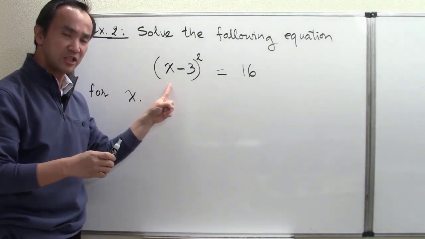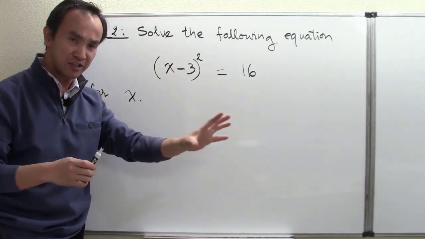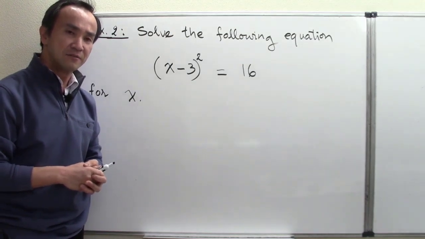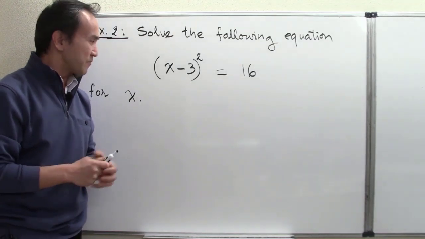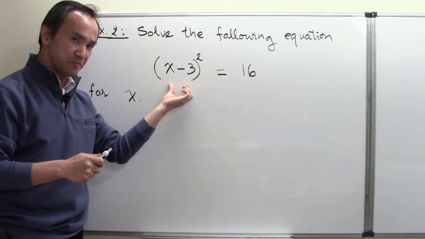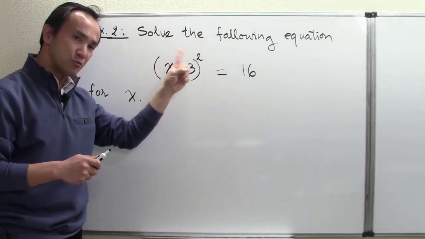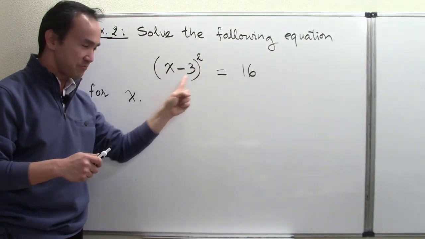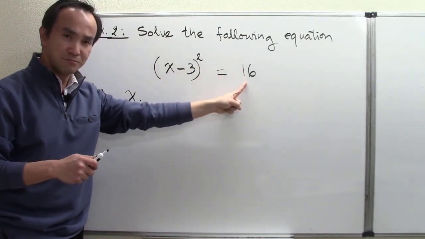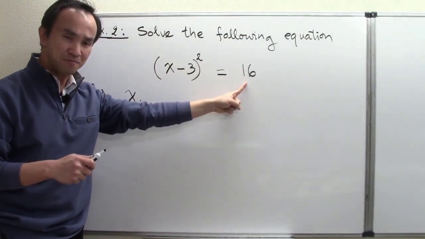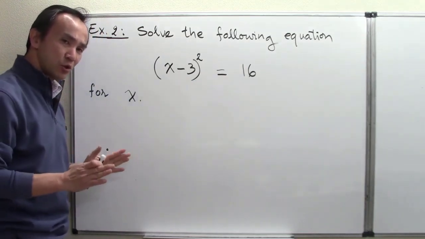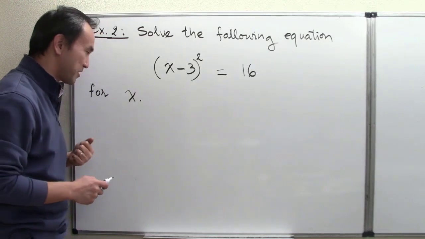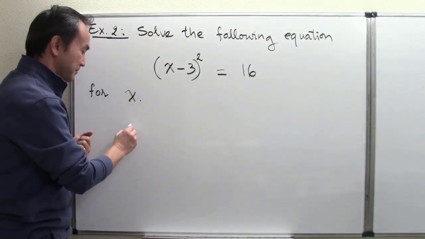And that's the situation here, and we can apply directly the understanding from the square root property. Here I'm looking at the square of an expression equals a non-negative value. Now the square root property states the following.